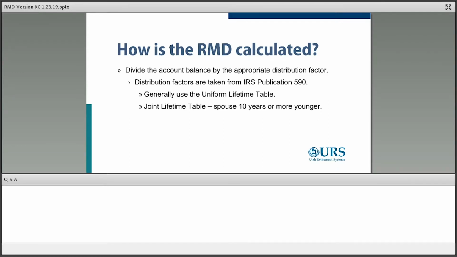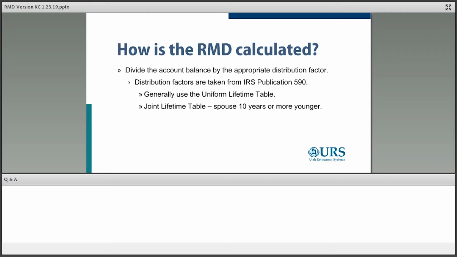Generally speaking, there's a table called the Uniform Lifetime Table in that publication 590 that most people will use. There's a joint lifetime table that can be used if your spouse is 10 years or more younger than you.